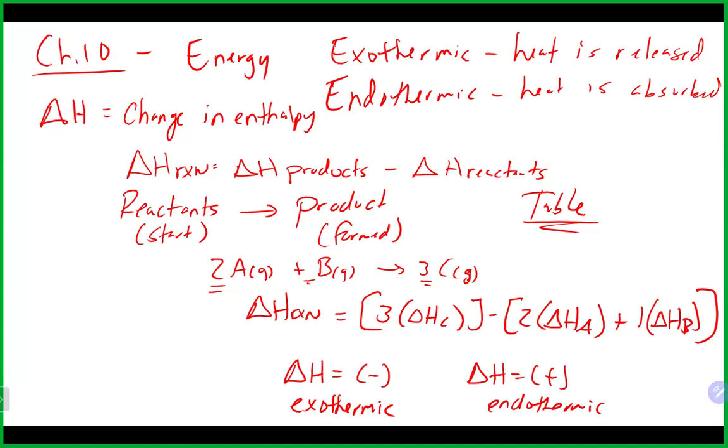Now, we also talked about another way to look at heat and energy in a reaction, and that was known as specific heat capacity. That's the amount of energy that's required to raise 1 gram of a substance by 1 degree Celsius.